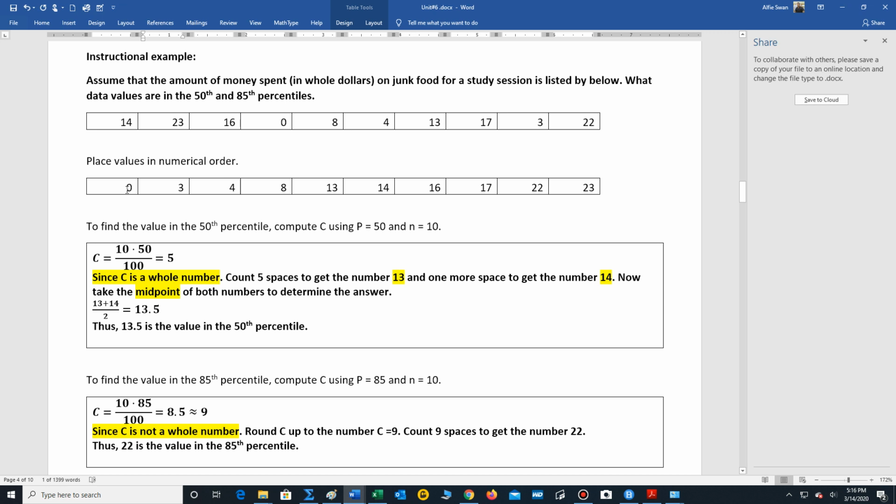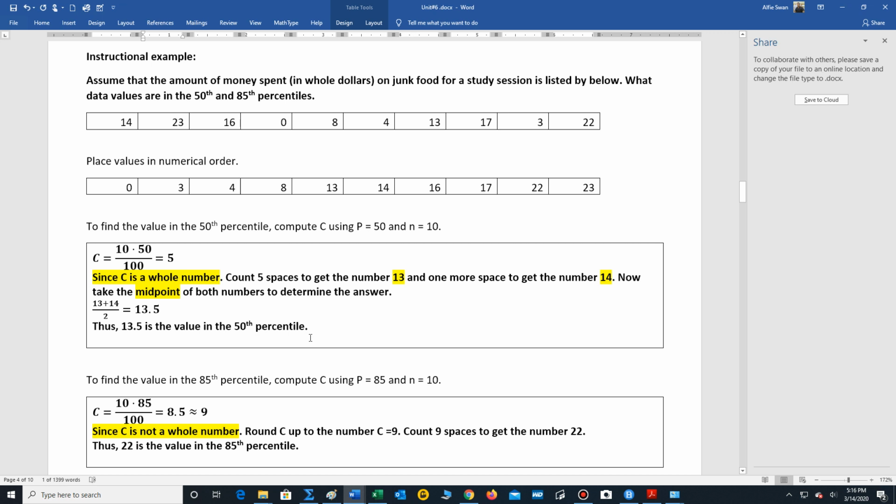It's going to be 13. So if you count 5 spaces, we get the number 13 in that spot. And we count 1 extra space, and we see that 14 is in that extra space. Now we're going to find the midpoint of those two values. So 13 plus 14 divided by 2 is 13.5. 13.5 is the value in the 50th percentile.